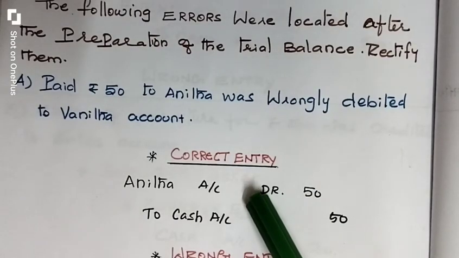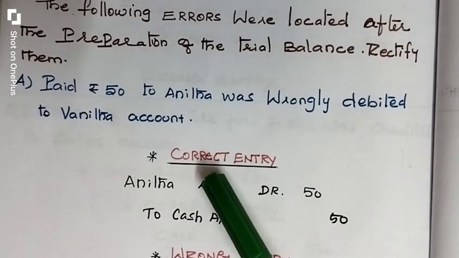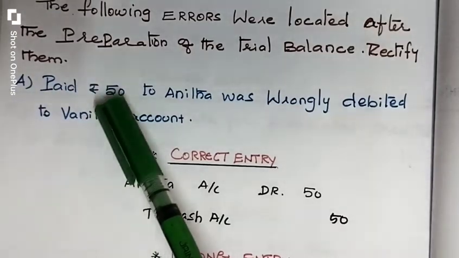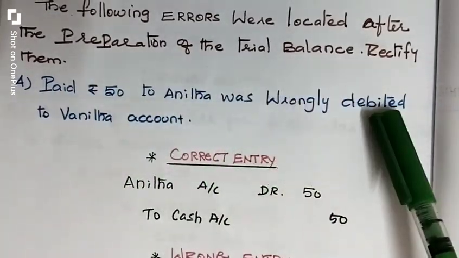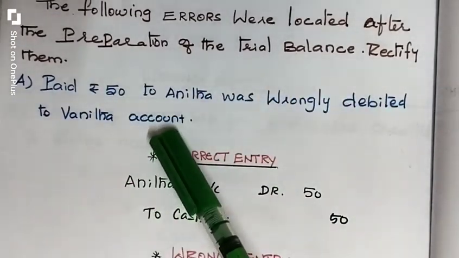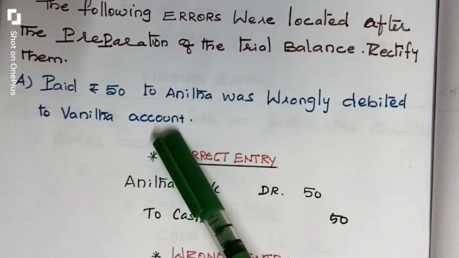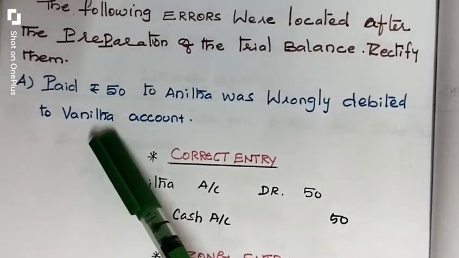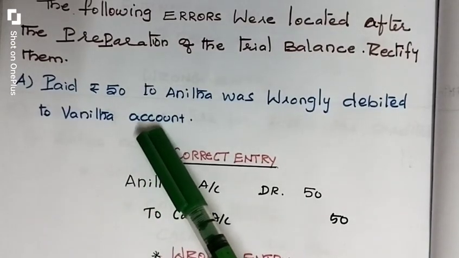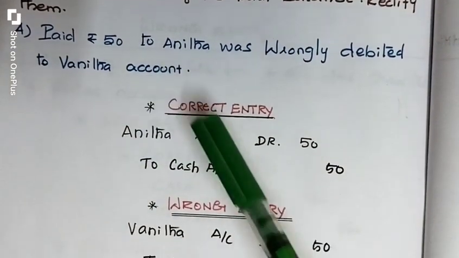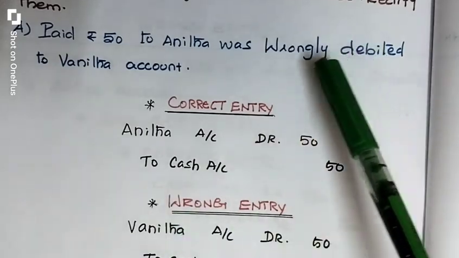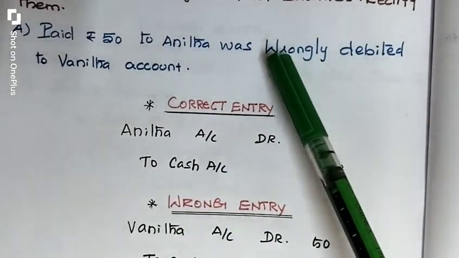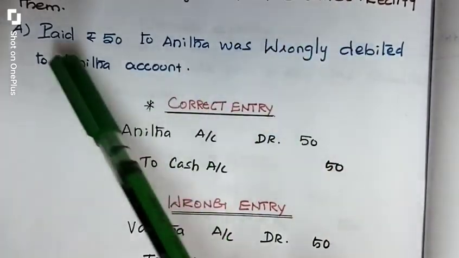Then where was it wrong? Paid 50 rupees to Anita was wrongly debited to Vanita account. So instead of Anita, the accountant wrongly debited Vanita account.